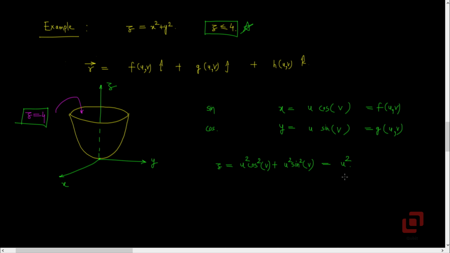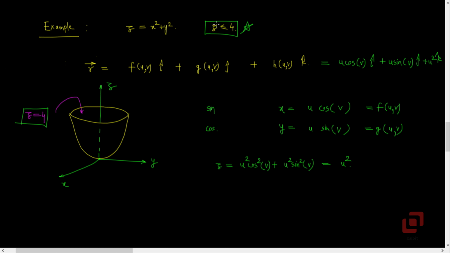In other words, we have got the parametric representation of the surface, which is u cos of v i cap plus u sine of v j cap plus u squared k cap. We have still not specified the values which u and v can take.